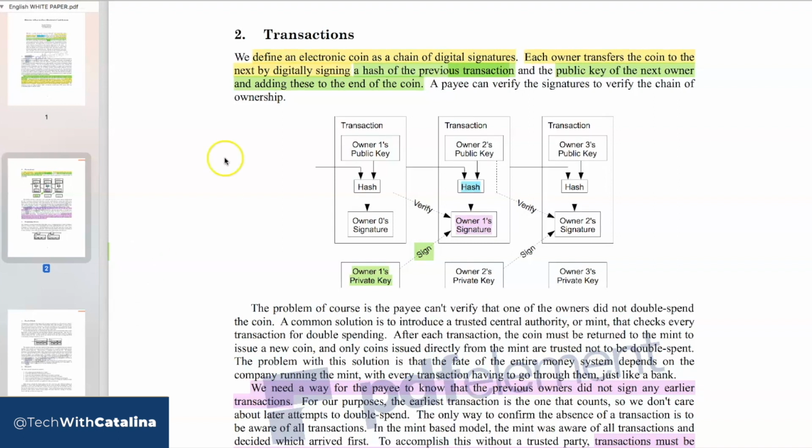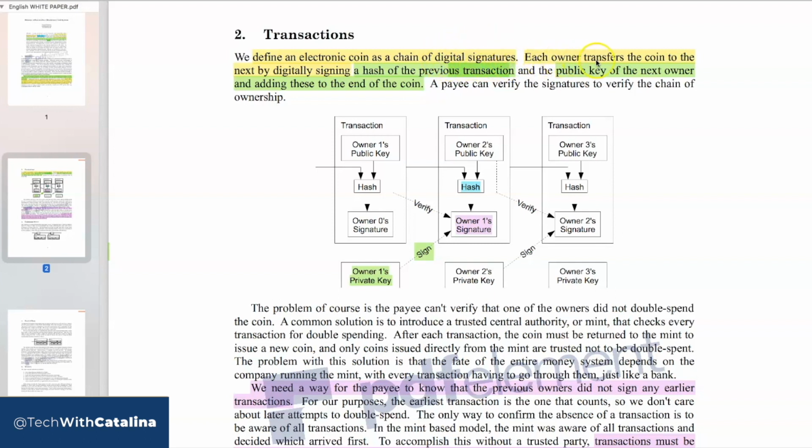Okay, and here Satoshi is defining it as we define an electronic coin as a chain of digital signatures, because we also know that a blockchain is the blockchain of information and transactions, and those transactions can only be made by the person who has the private keys in order to sign the message and create a digital signature, if that makes sense.